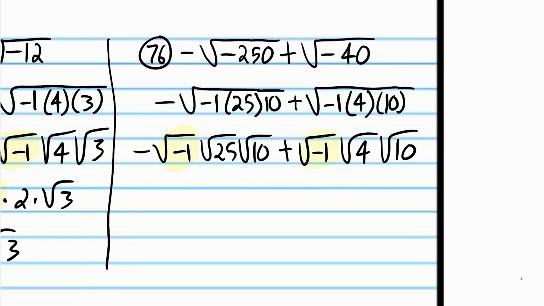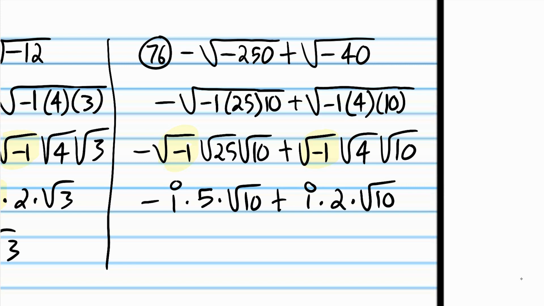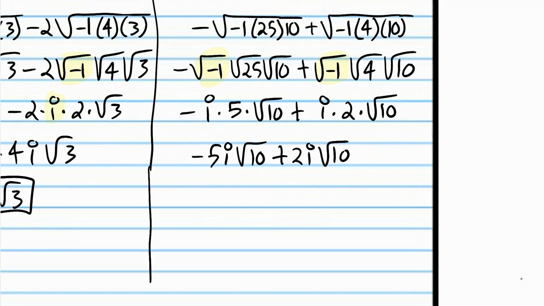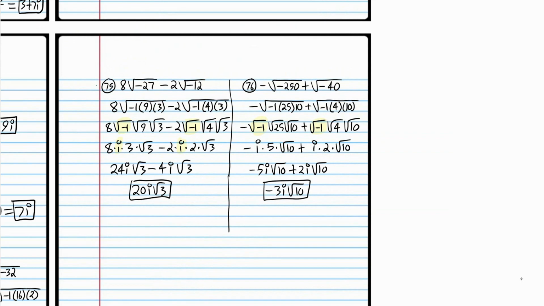And so these root negative 1's become i's as usual. And so now we have negative 5i root 10 plus 2i root 10. And those are like terms. So negative 5 plus 2 is negative 3. And that is the answer. So if you got that answer, that's a good job.